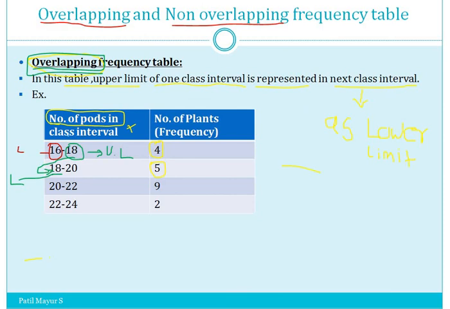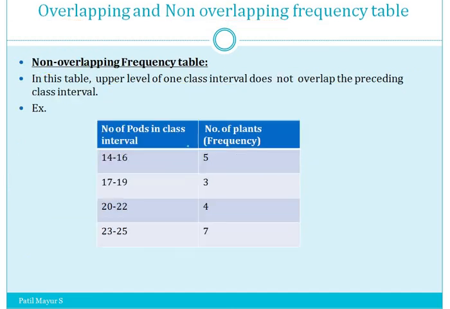Then we discussed two types of frequency table, overlapping and non-overlapping. We'll stop here and learn the forms of different representation in the next lecture.